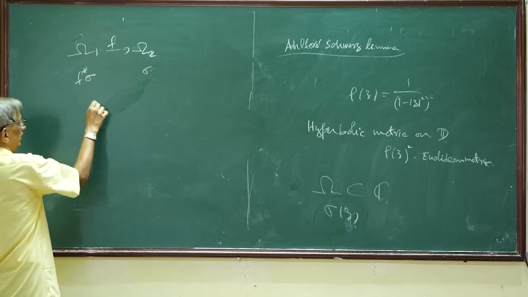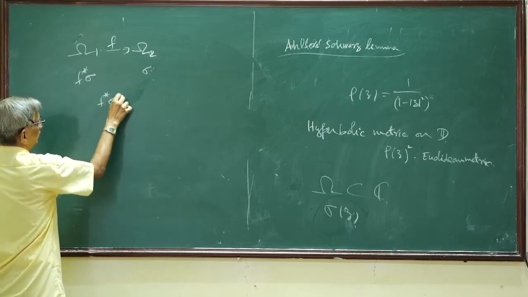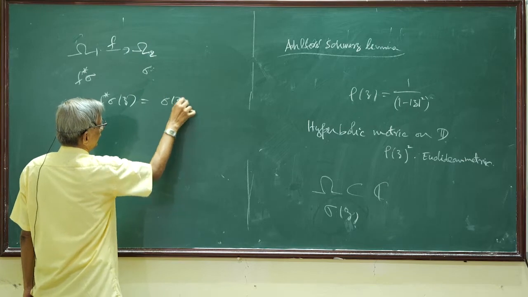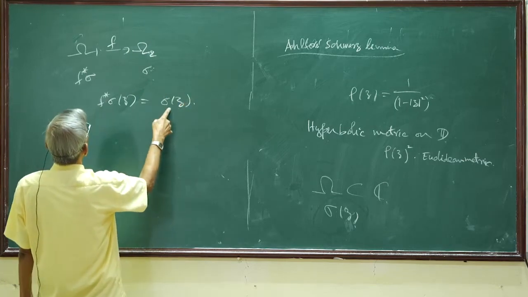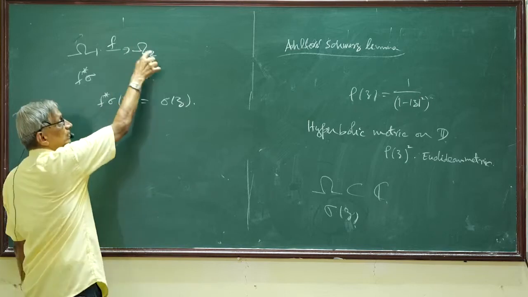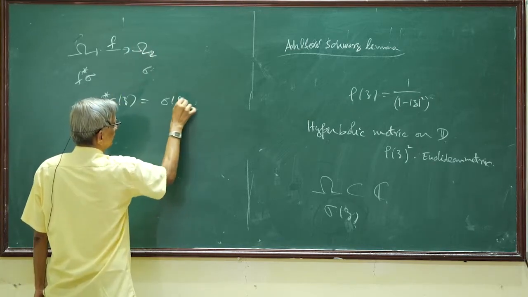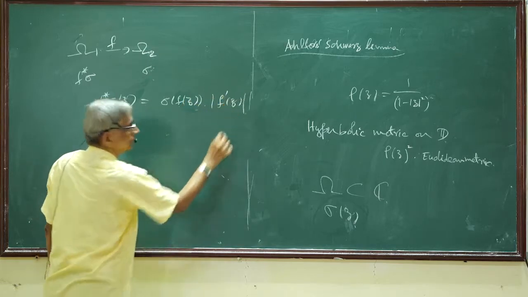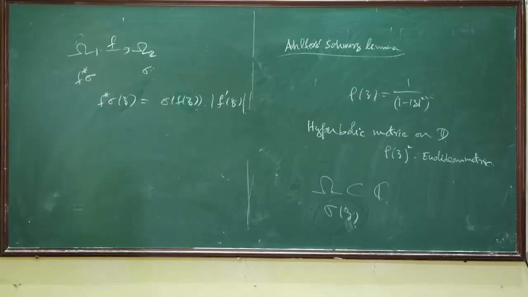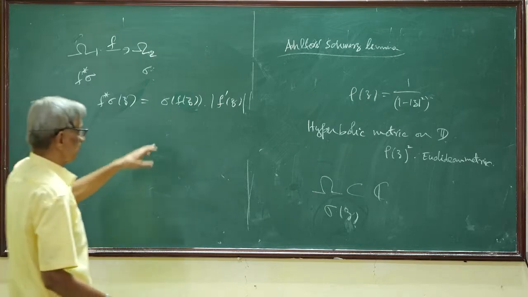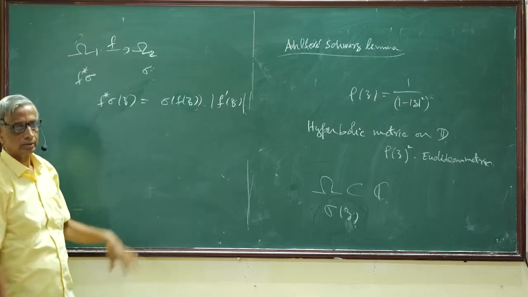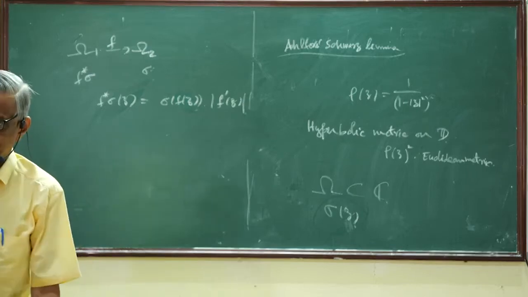How is f star sigma defined? F star sigma of z is, by definition, sigma of f z, right? Sigma is on this side, times modulus f prime z. F is analytic, so you have f prime. So this again gives you a positive function on the domain of the function f.